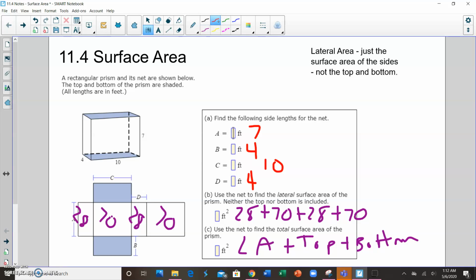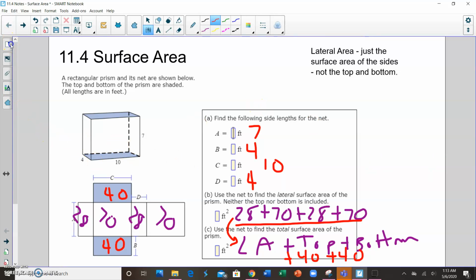This right here is 4 times 10, so that is 40, and this is also 40. So we take our lateral area, plus 40 plus 40, and that is our total surface area. That is how you do a prism.